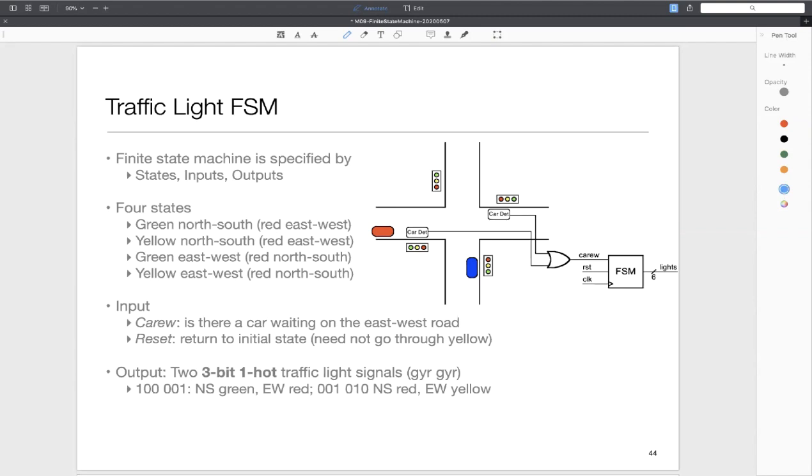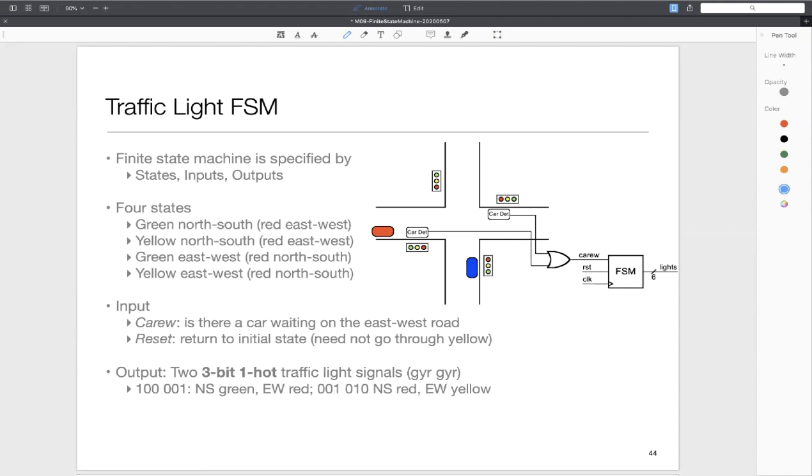Then finally, I have the outputs of the lights. And this is where, to answer the question that someone had about what that 6 represents, we are assuming here that my traffic light signals are 1-hot, 2 3-bit 1-hot coded numbers.